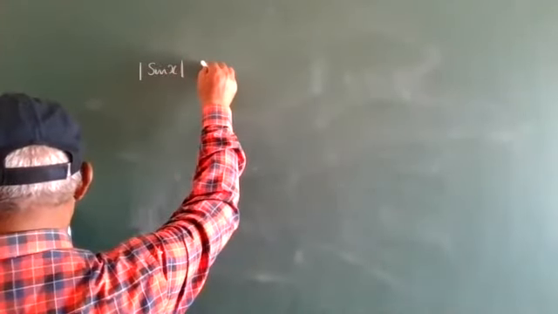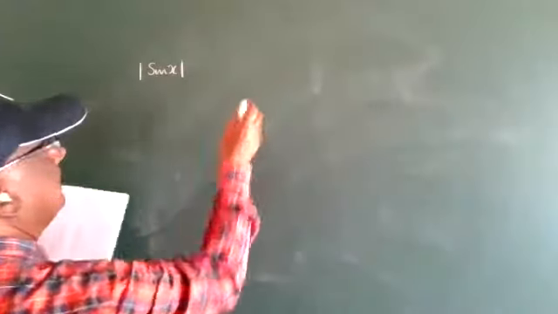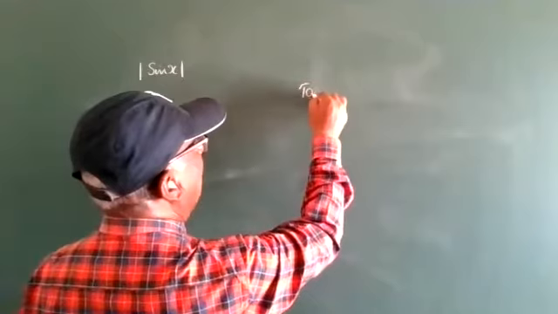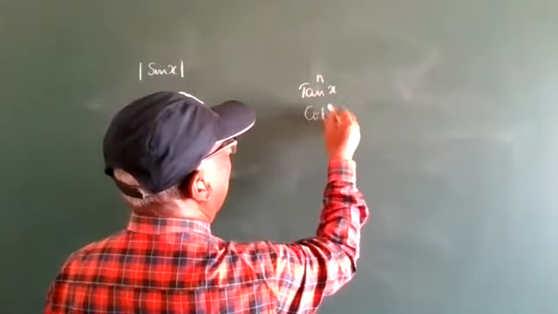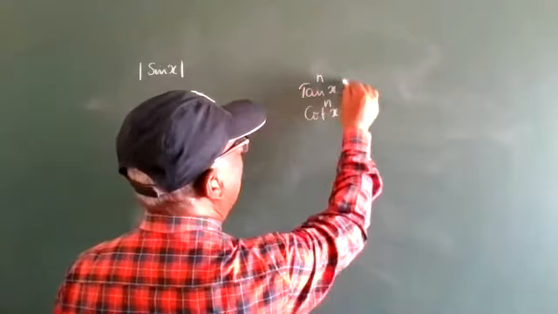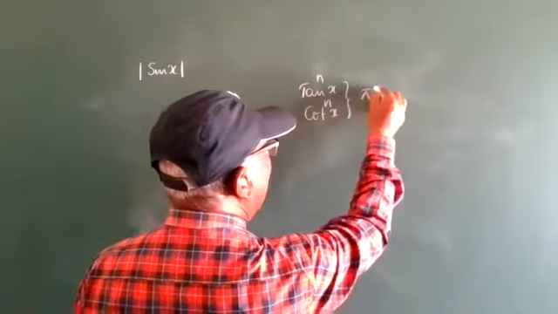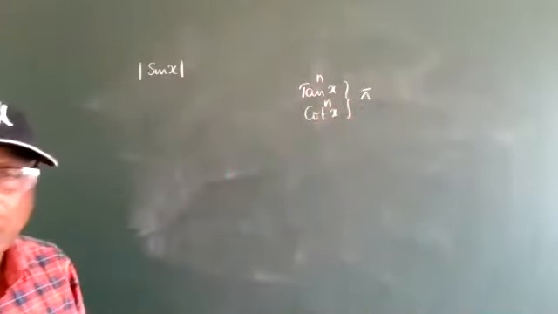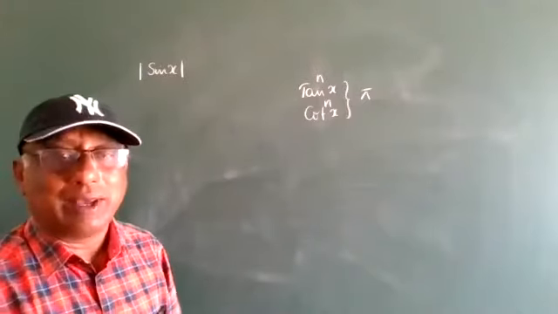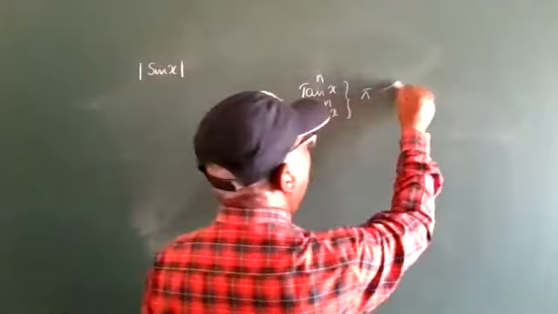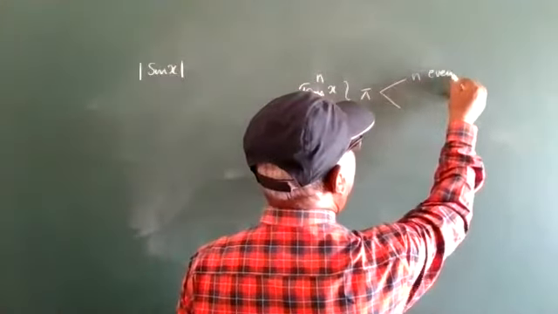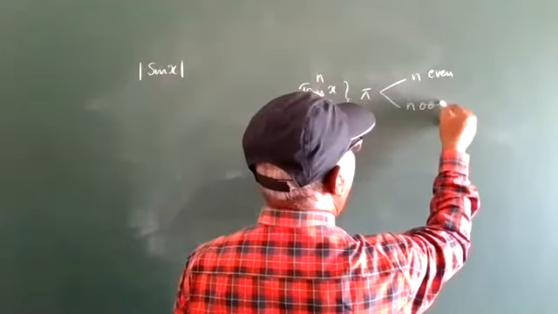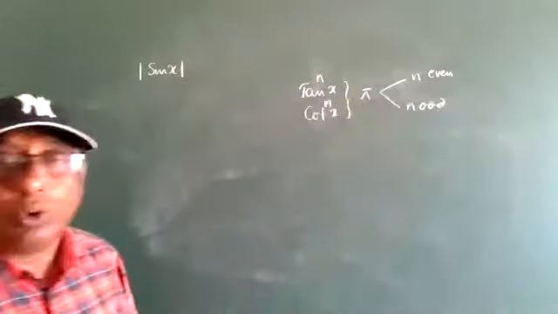For tan power n of x and cot power n of x, the period is always fixed at pi, whether n is odd or even. The period cannot be changed for these two.